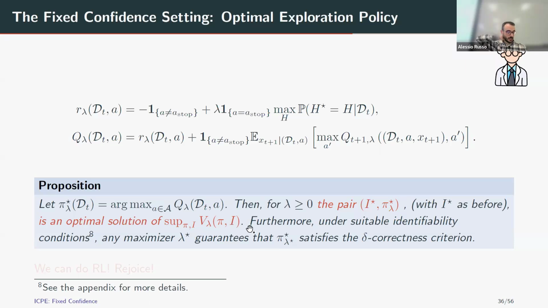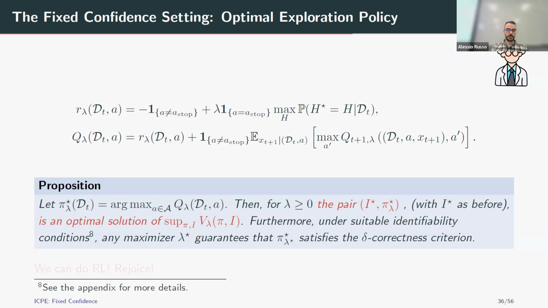What's interesting is that a solution of the dual of this problem doesn't guarantee that we have the delta correctness. This holds for any lambda. So now the problem becomes, can we still guarantee correctness for any lambda?